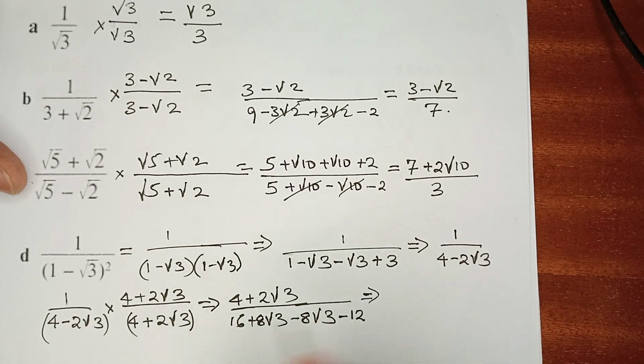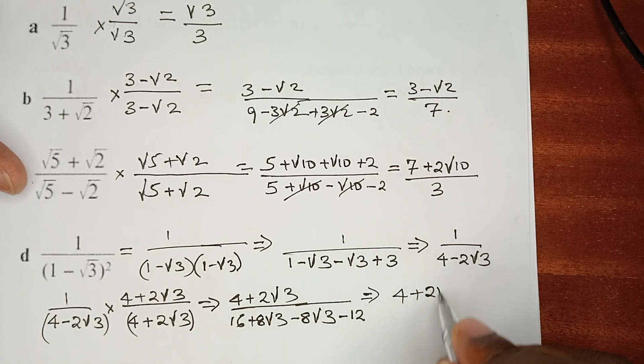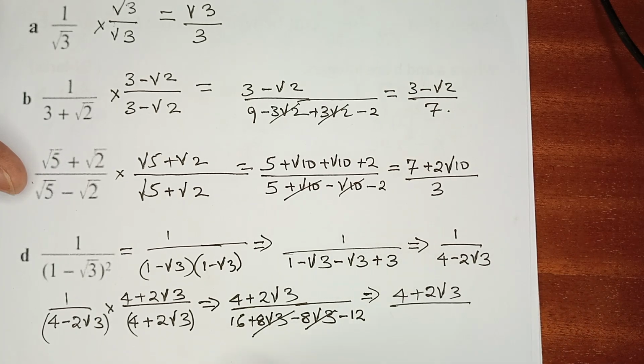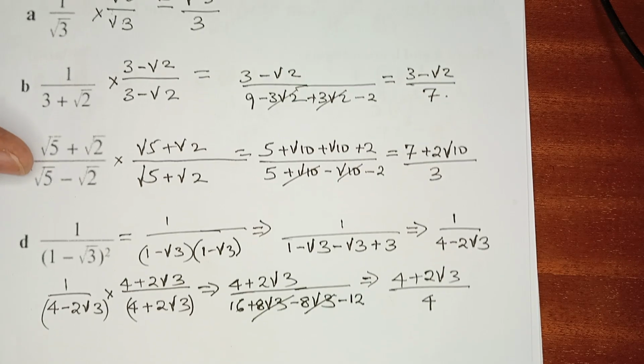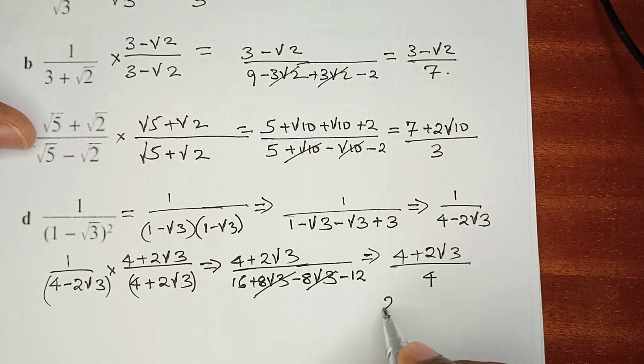So eventually we now have 4 plus 2 root 3 all over that, and the middle terms will cancel out. 16 minus 12 is 4. And we can go further and simplify this, because we can see 2 is common.